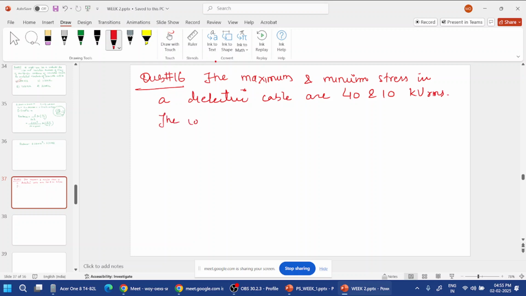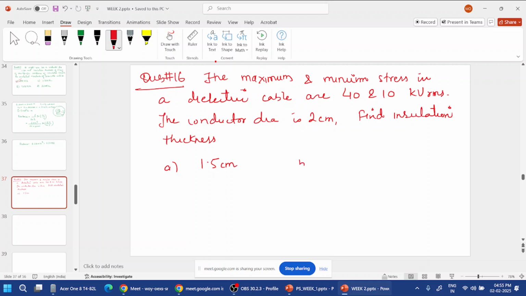The conductor diameter is 2 centimeter. Find the insulation thickness. Option A 1.5 centimeter, B 6 centimeter, C 3 centimeter, D 4.5 centimeter. Give me the answer.